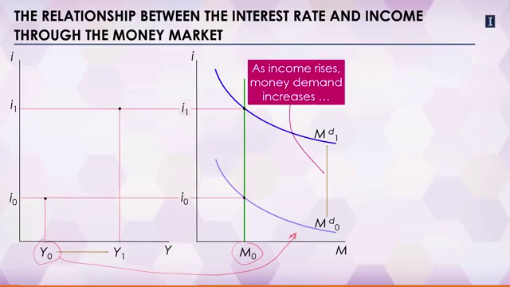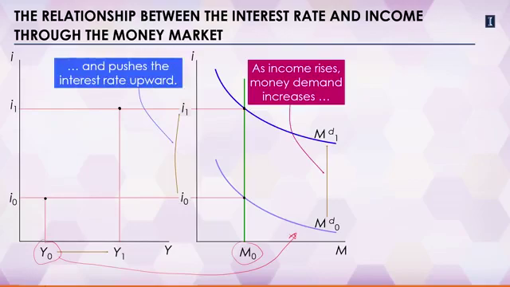On the left-hand side graph, you can see that the interest rate rises together with income, the effect that we discussed before. Inversely, if income declines, interest rate also declines, as long as money supply is constant.